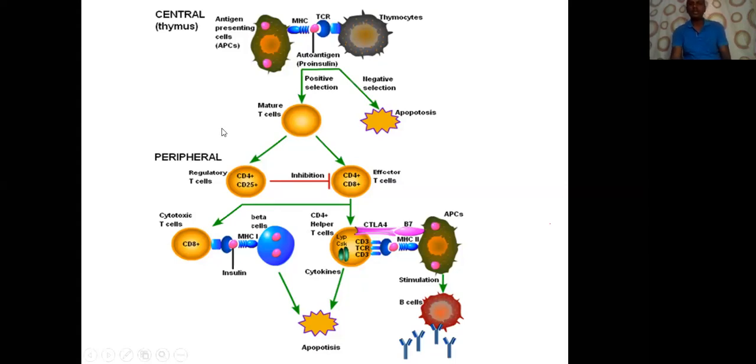So how does this autoimmune disease develop? Now we know about the thymus. In the thymus, what happens?